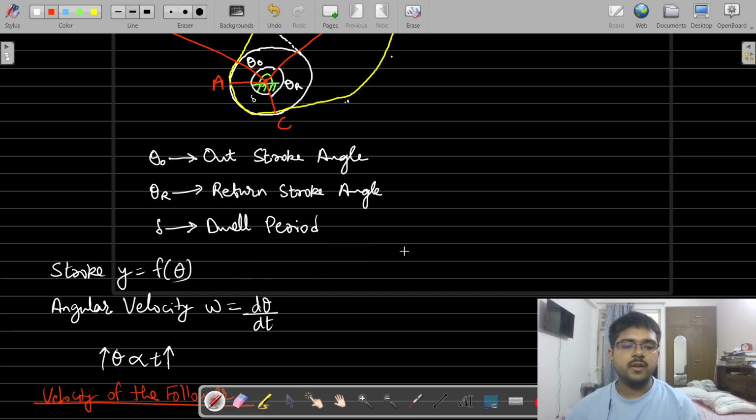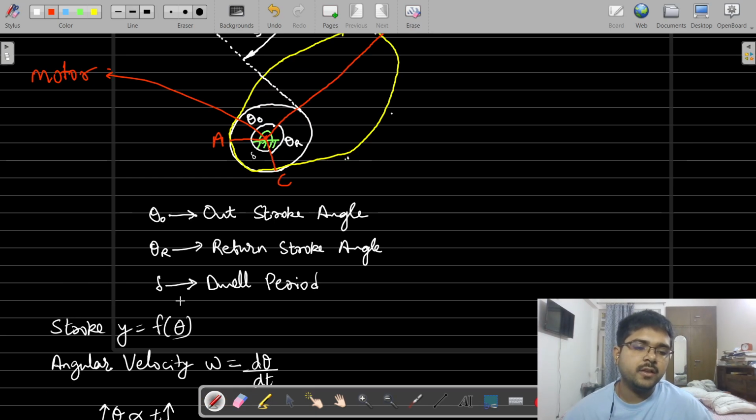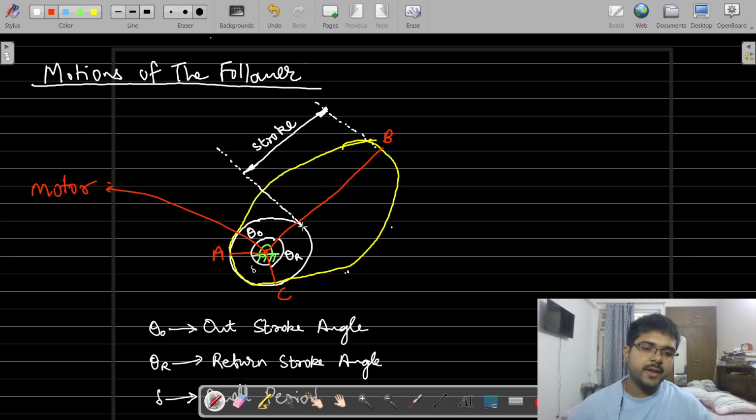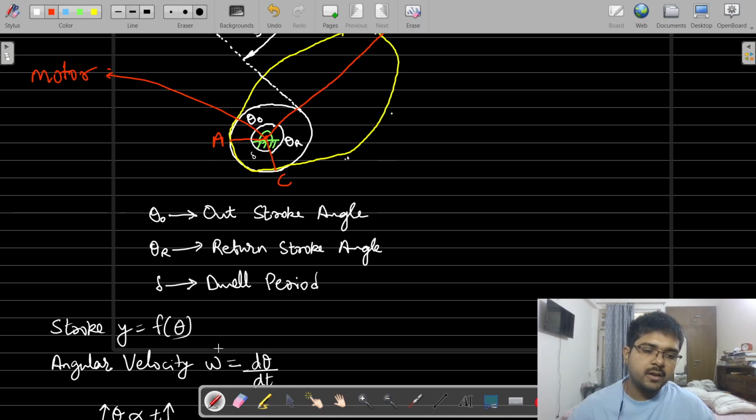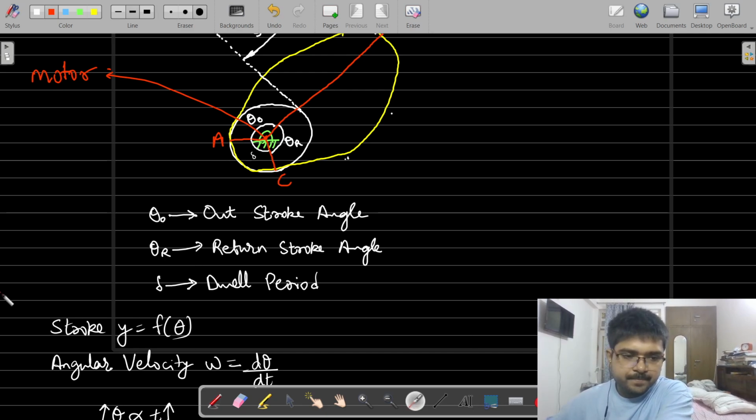Now stroke can be said as y equals f of theta. Y is a function of theta. As the cam rotates with angle theta, we have displacement of the follower here.